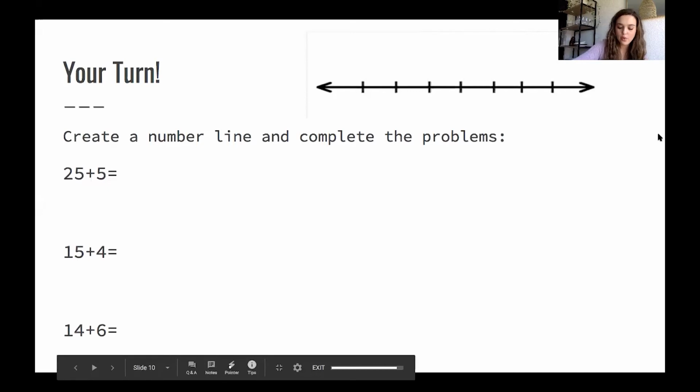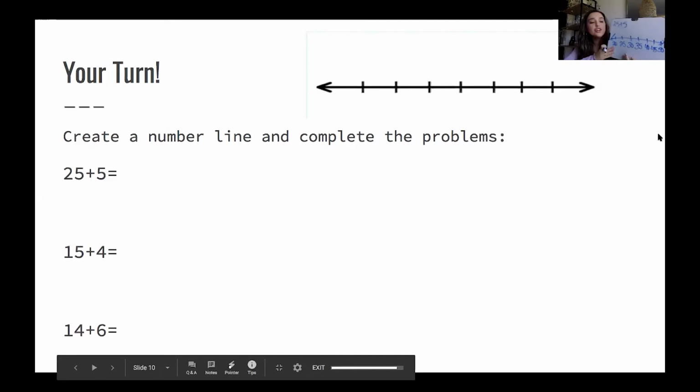Okay, 25 plus 5, we should do by 5s. 20, 25, 30, 35, 40, 45, 50. Okay, perfect. So on this number line that I made, we have intervals of 5.